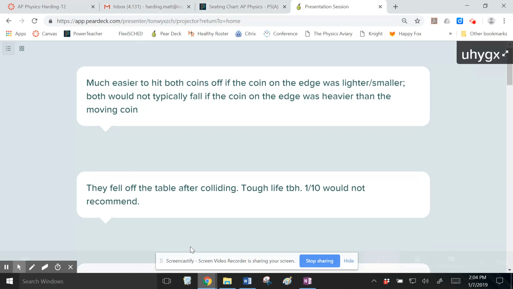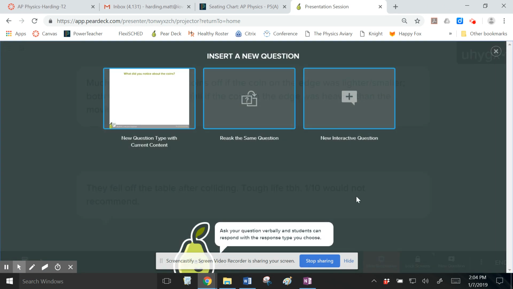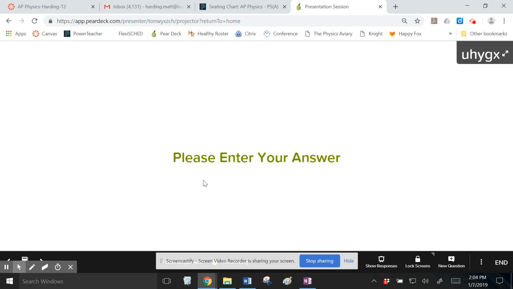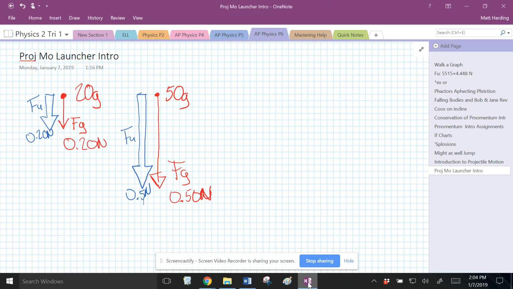So let's throw that onto the pair deck. Okay. What's up with that? The 50-gram object is experiencing a greater gravitational force. Why does the 20-gram object hit the ground at the same time?